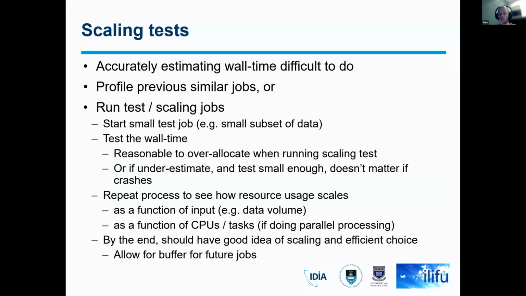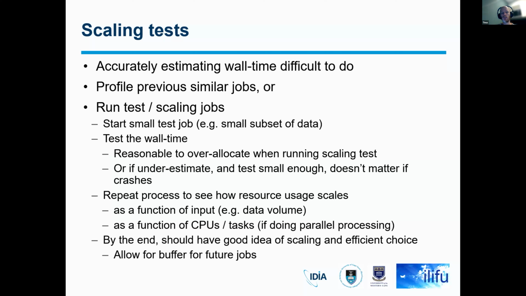In this case, it would be reasonable to over allocate because you're only running a scaling test, you're trying to get information, and it's a lot lower resources. And because you're only testing, if you underestimate, you'll get feedback a lot faster. So this is really just the testing phase of trying to see how much resources your job actually needs.